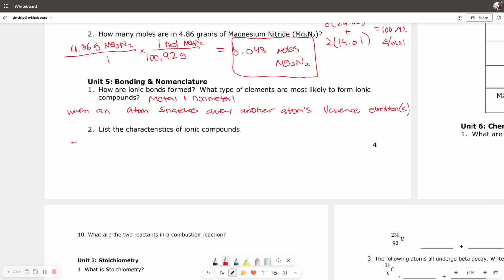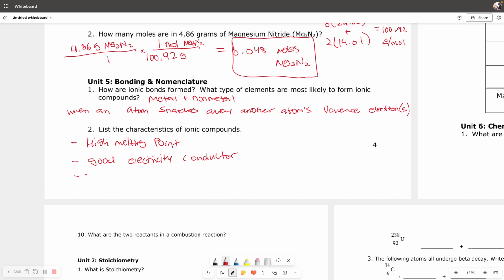So let's write a couple down. High melting point. It's going to have good electricity conductivity, good electricity conductor.